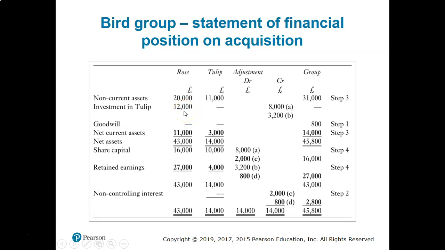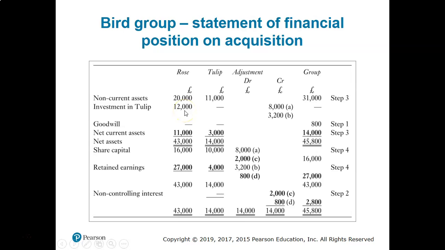So Rose Company's investment in Tulip is 12,000, right?